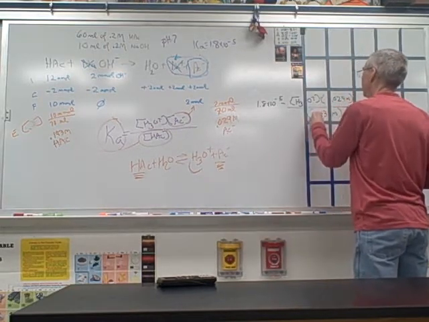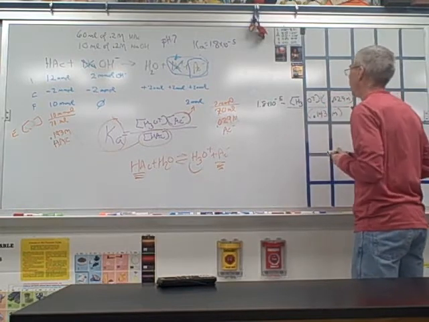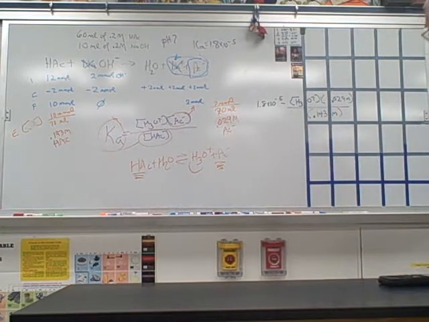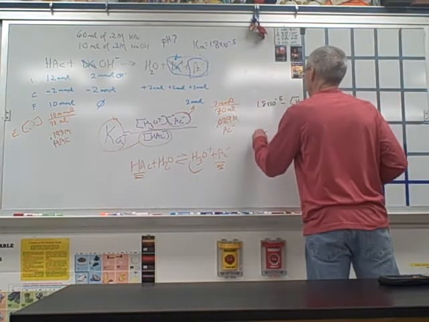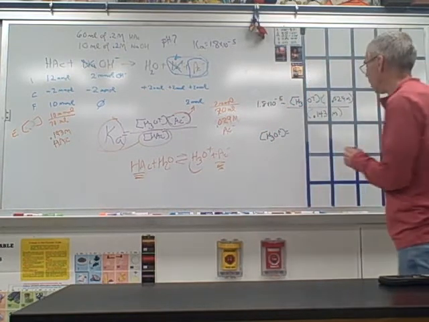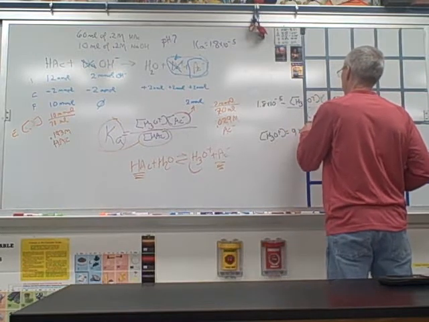Now notice I'm not playing with the significant digits, don't sweat it. So now we go 1.8 e negative 5 divided by 0.029 times 0.143, and we get a concentration H3O plus of 9 times 10 to the negative fifth.